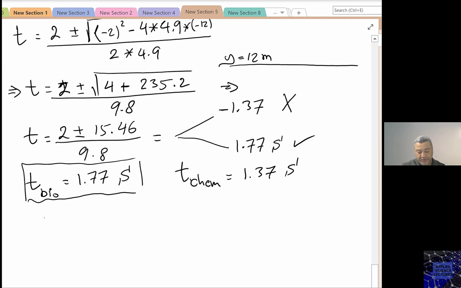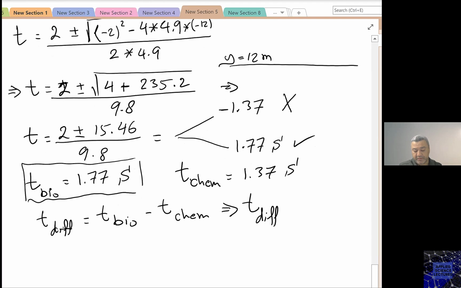Now we need the difference: how long the bio book is going to take more than the chemistry book, which is T difference equals T bio minus T chem. In this case, T difference is 0.41 seconds.